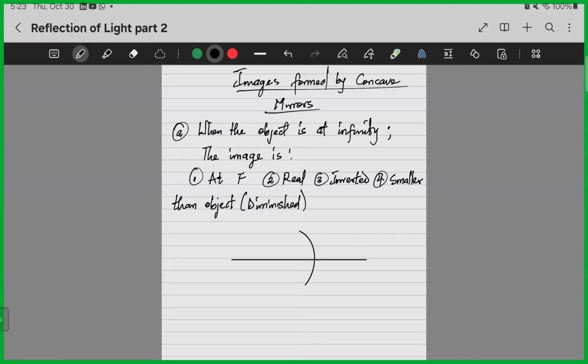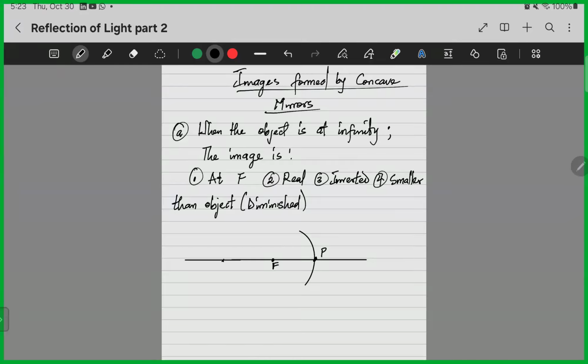So here we go. I know that this is the pole. On this side, I have the focus somewhere here.